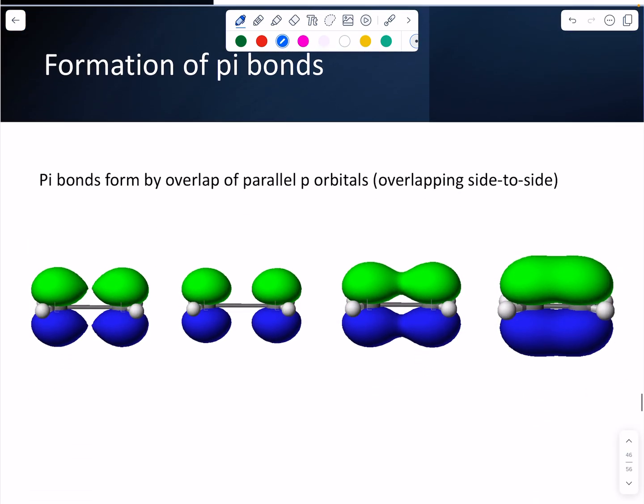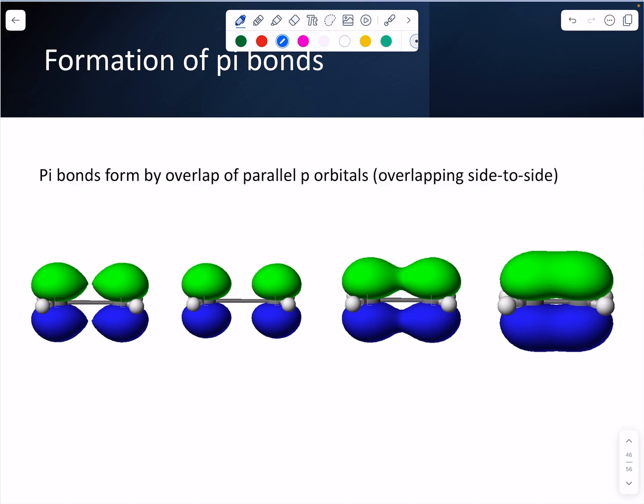All right, so now we're going to talk about pi bonds. A pi bond is really the second bond in a double bond, or the third bond in a triple bond.